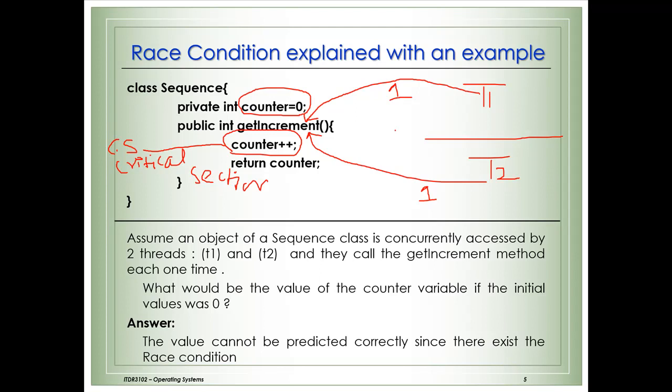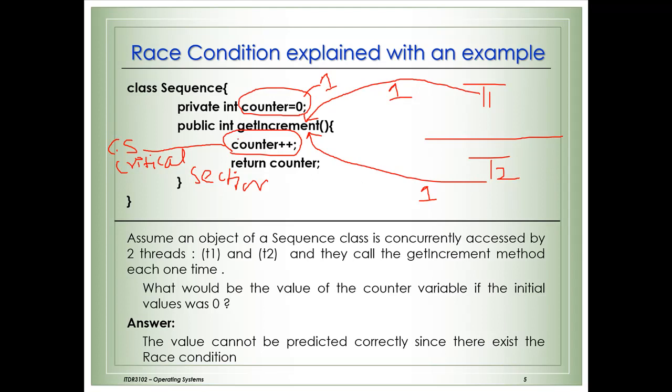Now, T1 is calling this method one time. When a thread calls this method, what will happen? The value of the counter increases by 1. Initially it was 0. When thread 1 calls, the value increases from 0 to 1, because counter plus plus means counter equals 0 plus 1, so the counter becomes 1. Now the second thread T2 also calls this method.